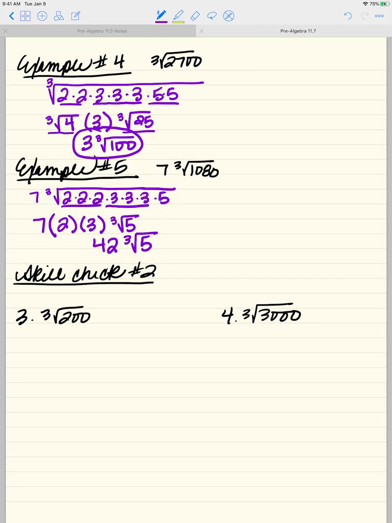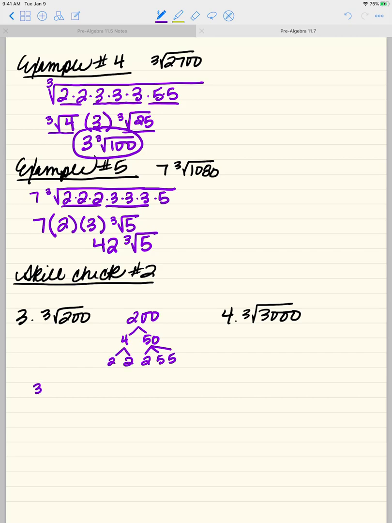Box skill check number 2, we're not doing 1 and 2 because it's estimating cube roots to the 10th. We're not bothering with that. Number 3, okay, is the cube root of 200 when you factor tree out, okay? Factor tree 200, okay? 4 and 50. 50 is 5 times 10, which is 2 times 5 times 5, and this is 2 2's, right?